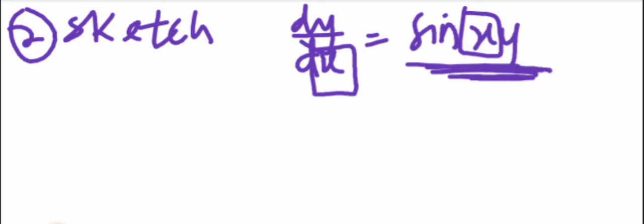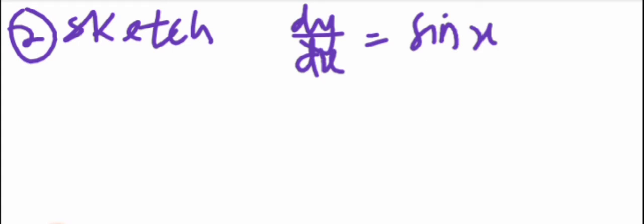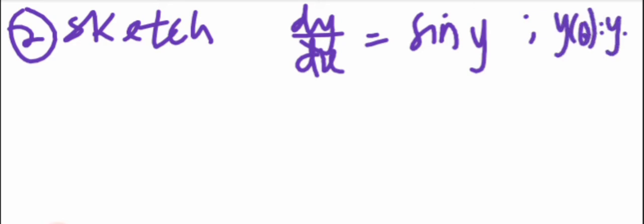Okay, but I want us to work with autonomous graph, so let me correct that. So we have dy by dx equals sine y, where y of 0 is equal to y naught. Okay, so let's sketch this.